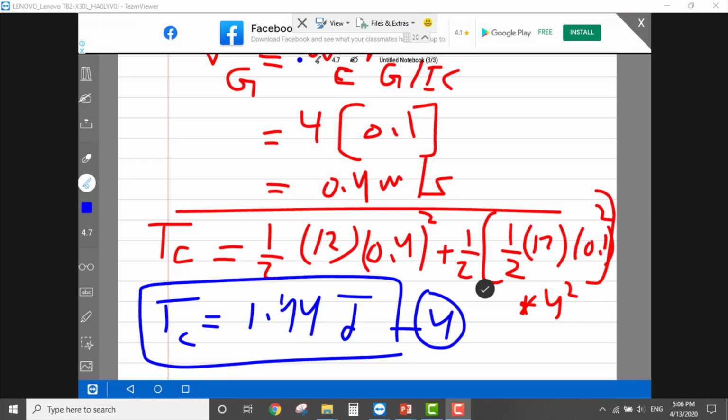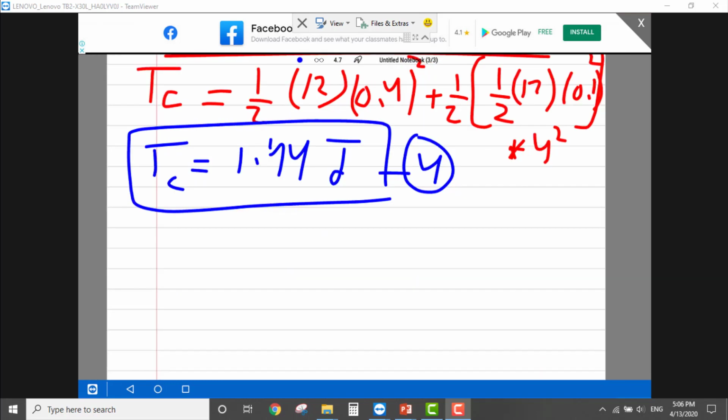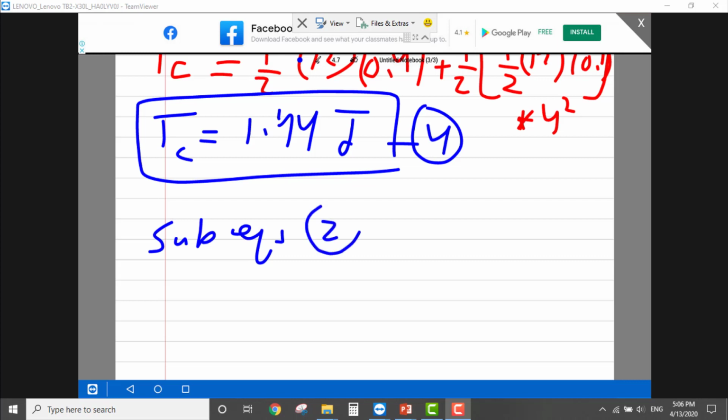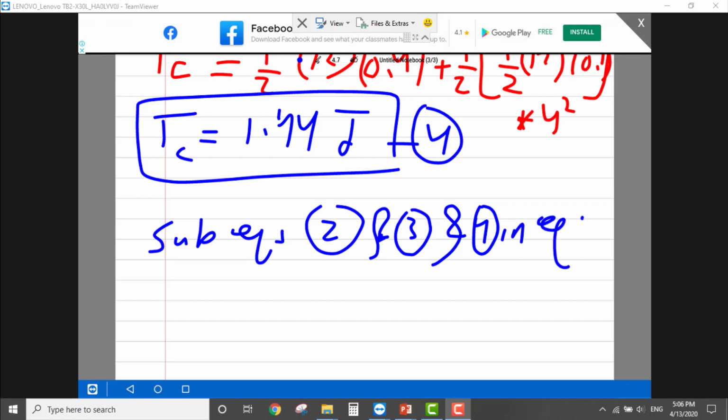Now the final solution is to substitute equations 2, 3 and 4 in equation 1.